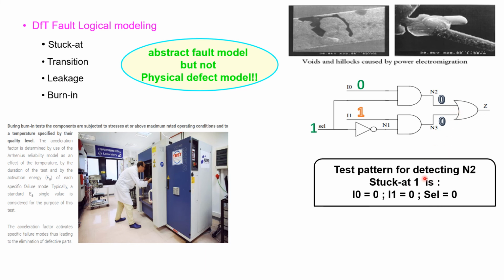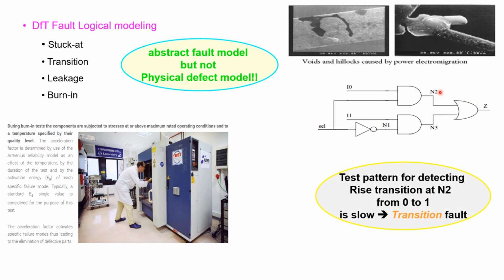If it is not stuck at 1, then 0 will be seen and the final output will be 0. But if it had been stuck at 1, then even though we are propagating 0, it will be seen as 1 only. So the final output will be 1. So this is the way to figure out the specific test patterns and figure out the node.